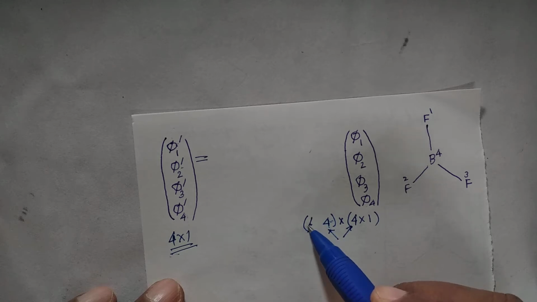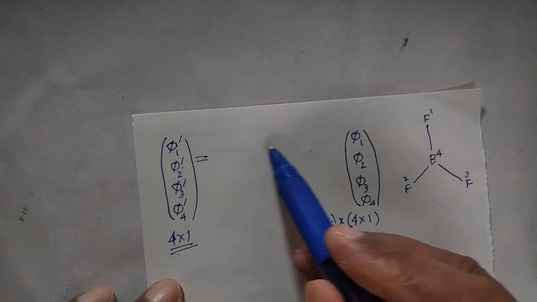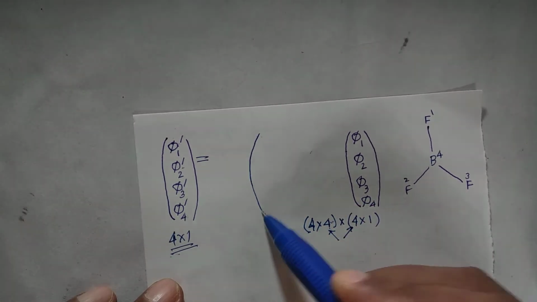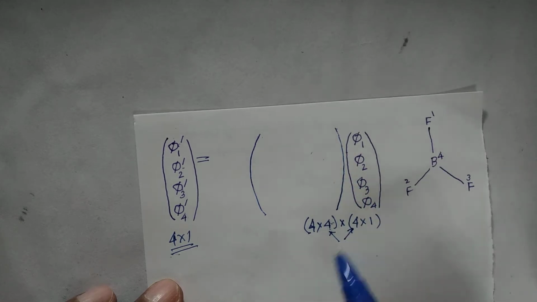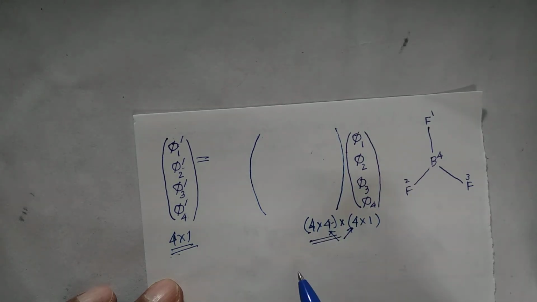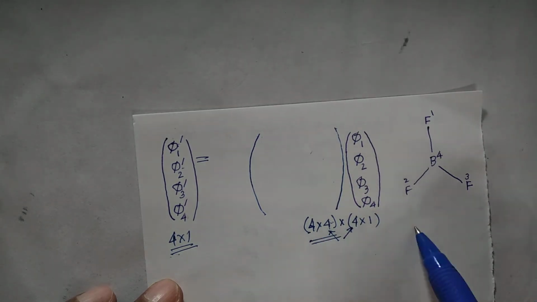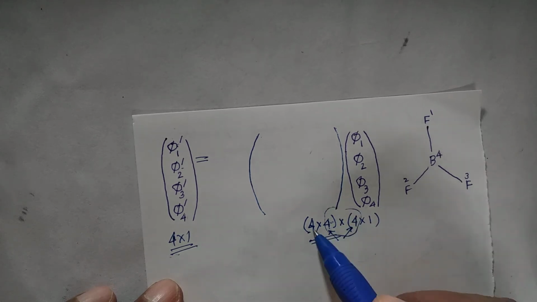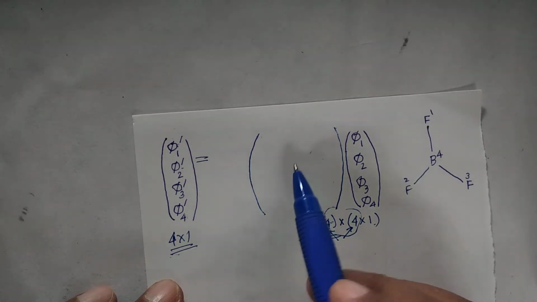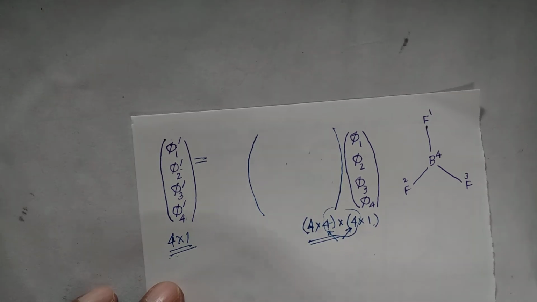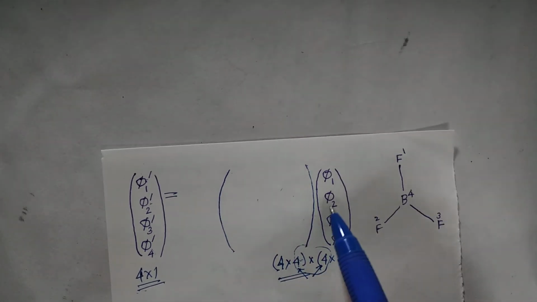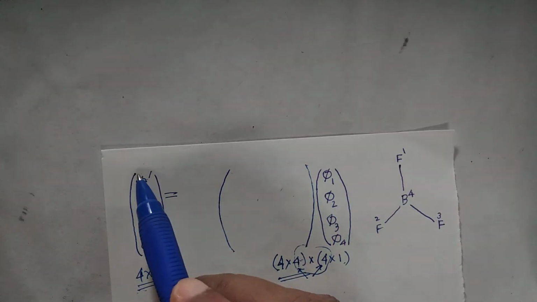So this matrix should be a 4 by 4 matrix. Upon multiplication we will get a 4 by 1 matrix. So here we need a 4 by 4 matrix for transforming this set into this set.